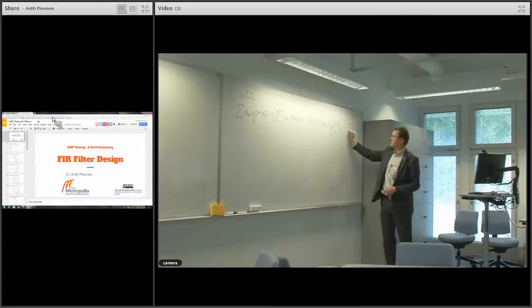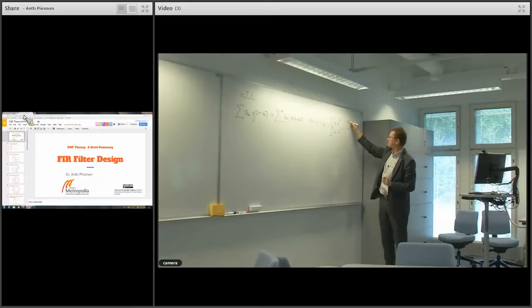And there are also roots. An Nth degree polynomial has N roots. So we have the product form, k from 1 to N, z minus z_k, and those are the zero points.